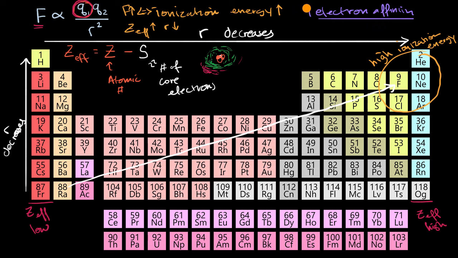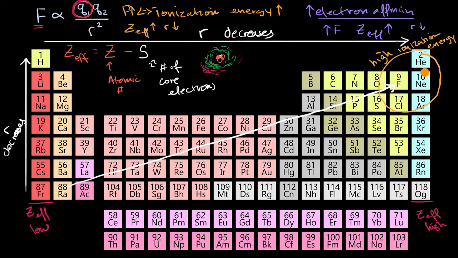So high electron affinity elements, these are the ones that really want electrons. So they should have a high Coulomb force between their nucleus and the outermost electrons. And so that means they should have a high effective Z, and that also means that they should have a low R.